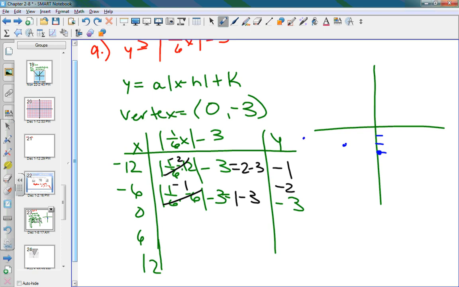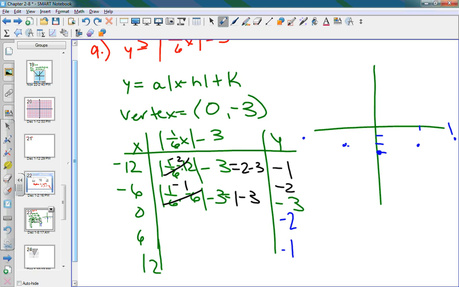Negative 12, negative 1. That's one part of my V. So what's my other ordered pairs? Symmetrical. If this one is negative 6, negative 2, what's 6 over here going to be? 6, negative 2. What's going to happen at 12? 12, negative 1. It's symmetrical.